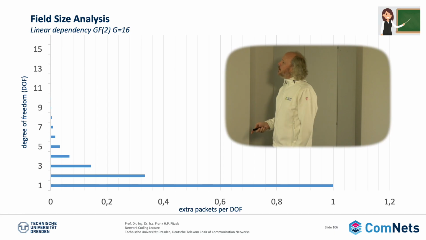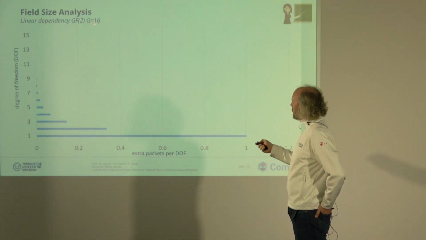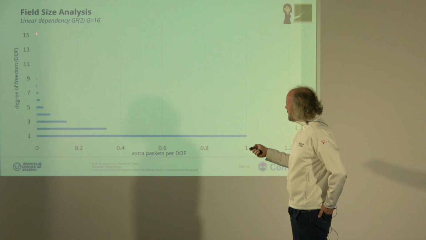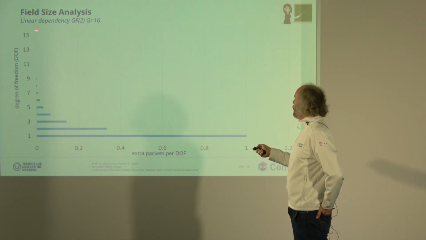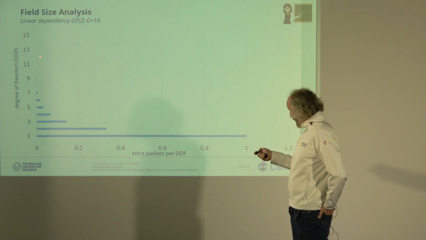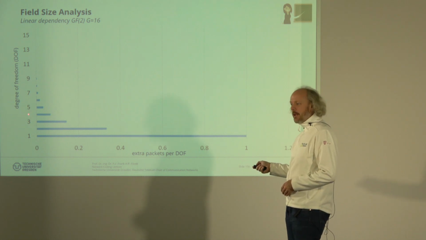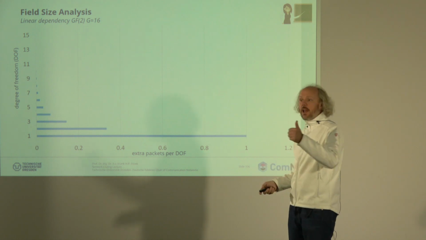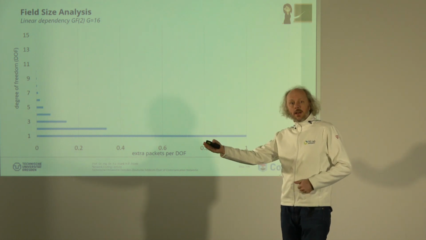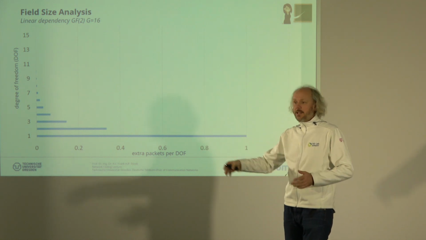So when you do this and you look into that, you could say, okay, these are the degrees of freedom. I would like to transmit 16 packets. I have a binary field. And this is the extra packet I would send for the first one. Nothing. For the second, for the third, and so on. And now we're going towards the end. And you see, now there's a likelihood of sending a little bit more extra packets. For the last one, for example, we send 1 extra packet because the chance of being useful or not is 50%. 1 over the probability is 2.